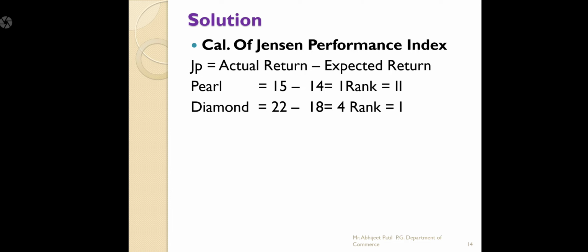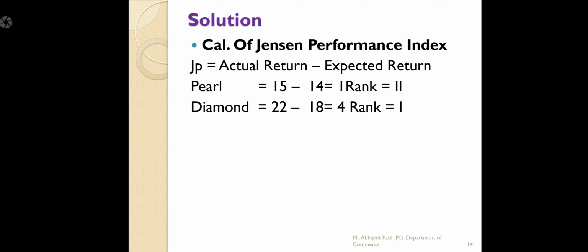So that is the question related to methods of portfolio evaluation: Sharpe, Treynor and Jensen's. Remember one thing: for Sharpe, the formula is portfolio return minus risk-free rate of return divided by the standard deviation of the individual stock. For Treynor, portfolio return minus risk-free asset divided by beta, that is market risk.